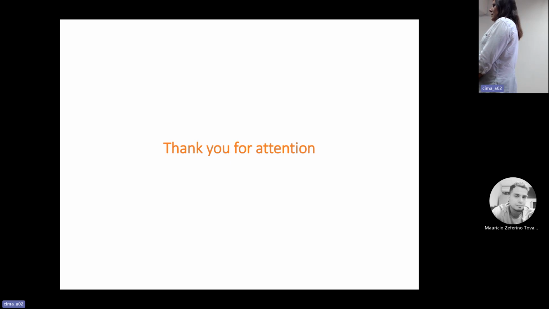Signed by Doctora Irma Delia García Calvillo, directora del Centro de Investigación en Matemáticas Aplicadas, on September 12, 2024, Saltillo, Coahuila. So, thank you, professors.